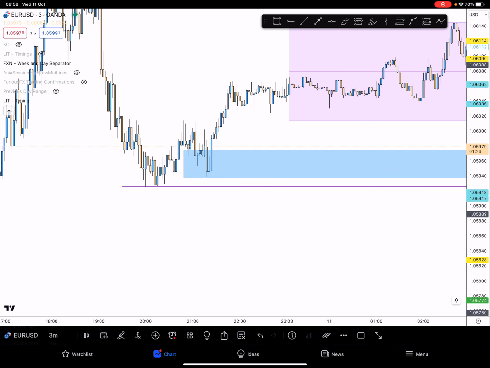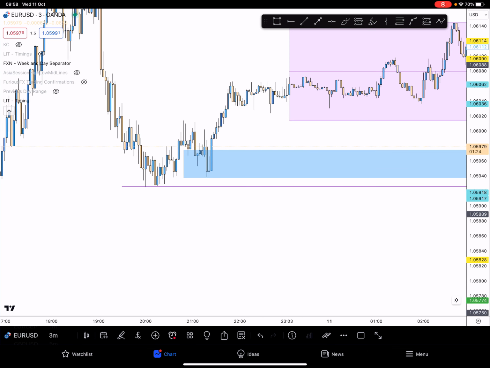Okay, let me put on my magnets. Where's the magnet? Let us put on a weak magnet so that we can do this properly. Yes. So let's see, where is price?